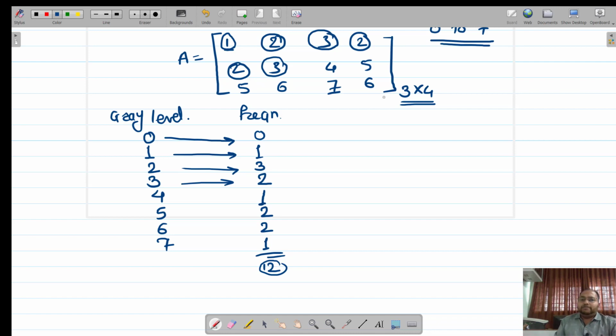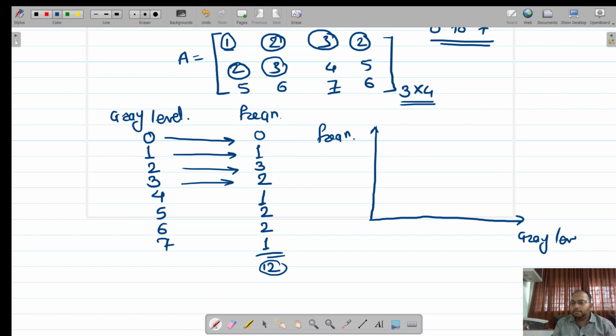Now, a histogram is nothing but plotting gray levels against their frequency. On the y-axis we take the frequency, and on the x-axis the gray level.